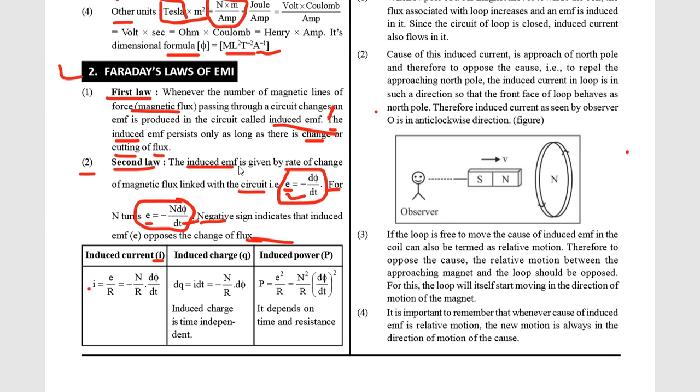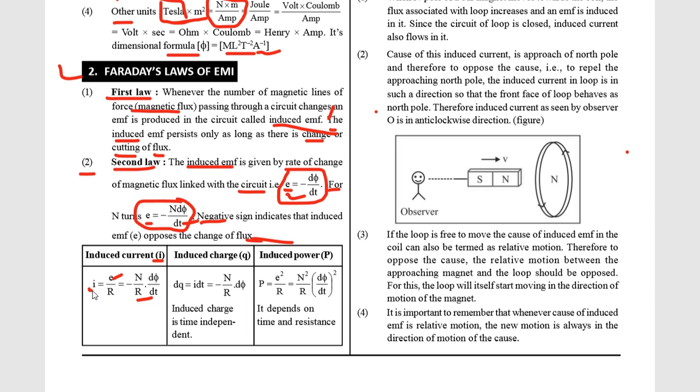It means induced EMF plays the same role as the potential difference. So you can replace V by induced EMF, then you can write E is equal to minus d phi by dt, and for n turns, minus n d phi by dt. This is the current in this loop.